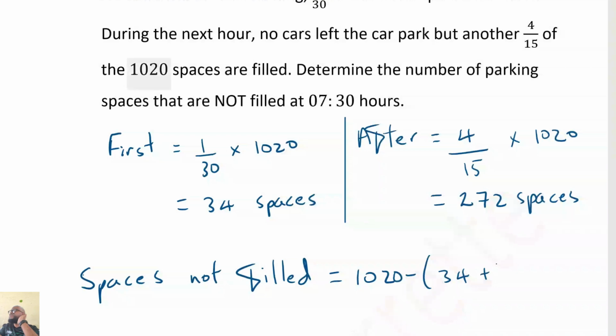You see, I tell you, there's nothing to do, but you don't like to do your work, boy. You won't get any marks, you know. Right. 304 is the final answer. When you add this, you get 306. So 1,020 minus 306.